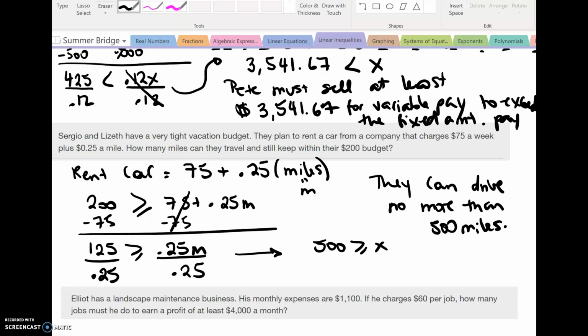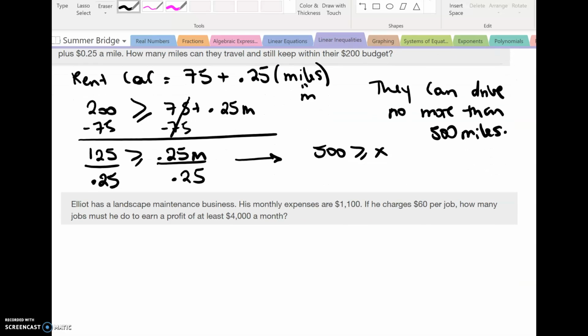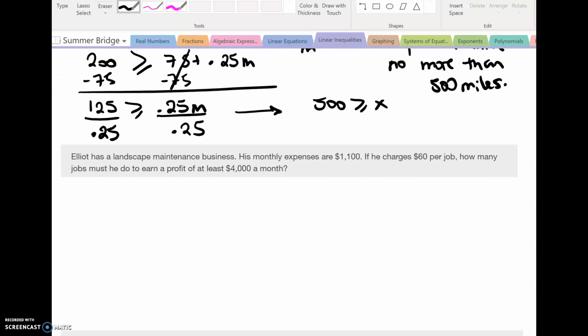Okay, so again, understanding the problem and what it's asking for is super, super important, and it really helps set up the problem correctly. So example 5, Elliot has a landscape maintenance business. His monthly expenses are $1,100.